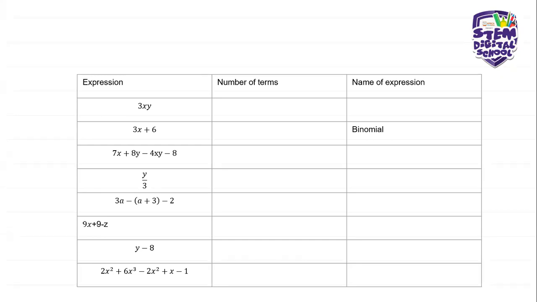Now, if you look at this table, we have the second one already, we have given the name to the expression. If you look at 3x plus 6, we say that this is a binomial.